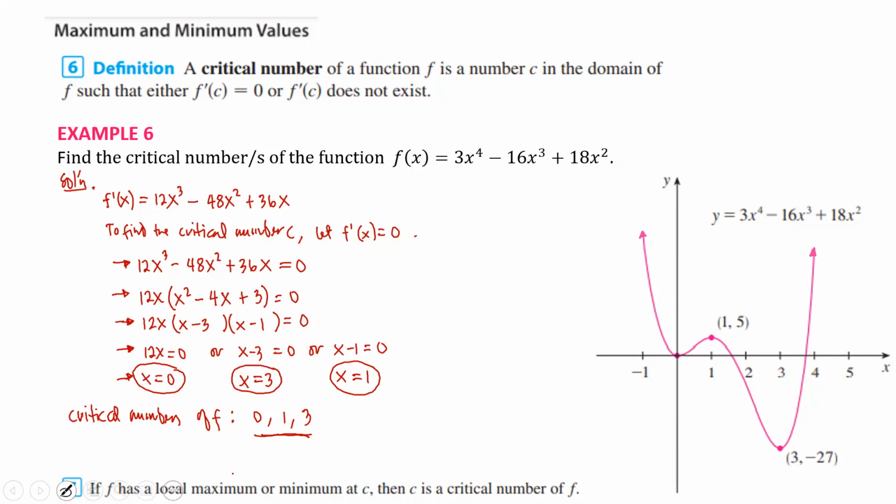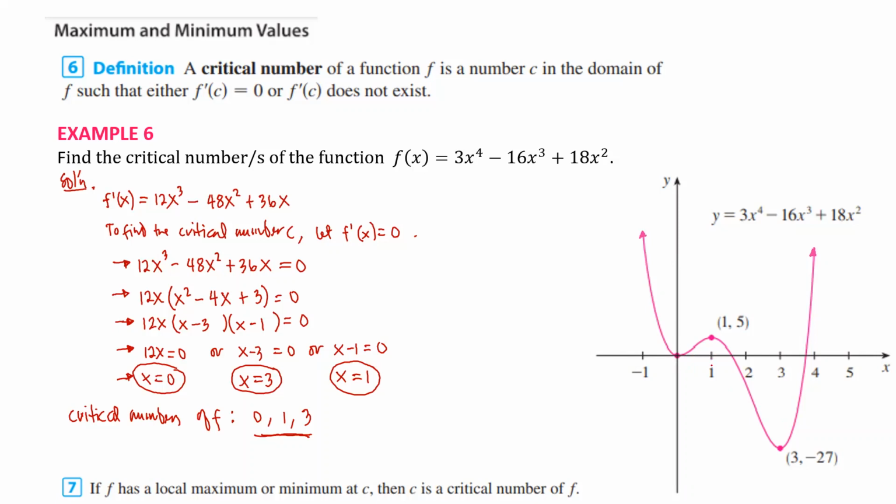But according to this remark, if you have a local maximum or minimum, which is given here in the graph, then those values that correspond to the local minimum and maximum are your critical numbers.